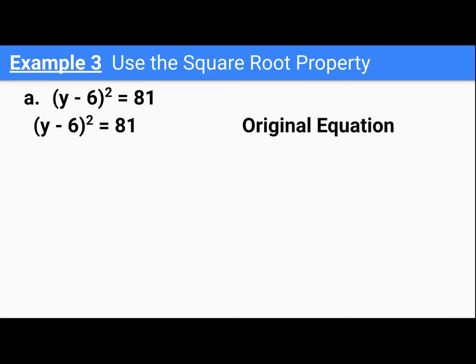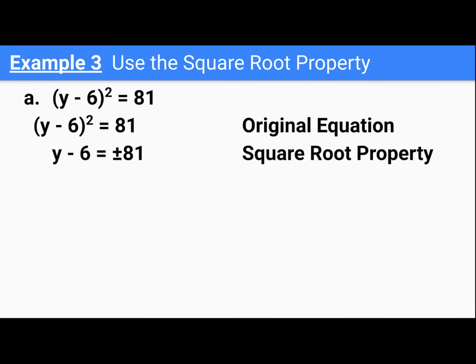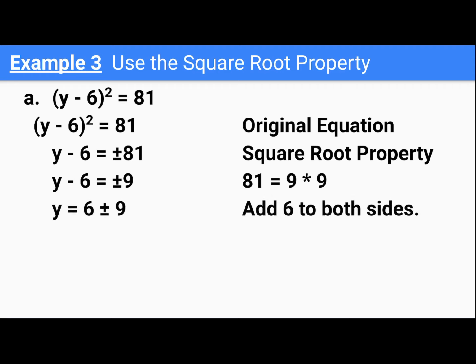So if I square root both sides, I would get y minus 6 is equal to plus or minus the square root of 81. I have to remember that the square root of 81 is 9. So y minus 6 could either equal plus 9 or minus 9.